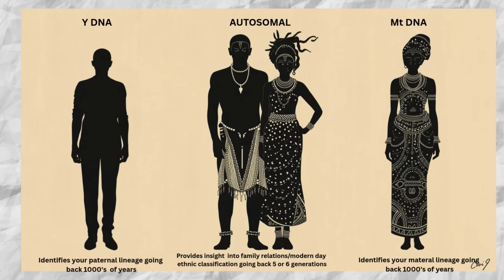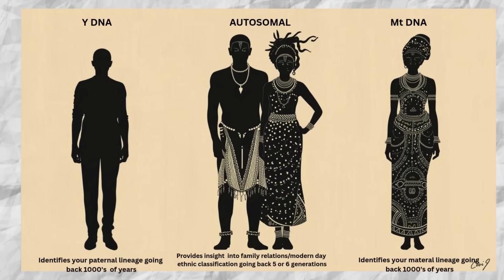Only males have Y-DNA, and the great thing about these tests is that they go back thousands of years. They can identify DNA markers in your paternal line going back thousands of years. Y-DNA changes very, very slowly over time, and for that reason, they're a very good way of testing your lineage going back extremely long periods.